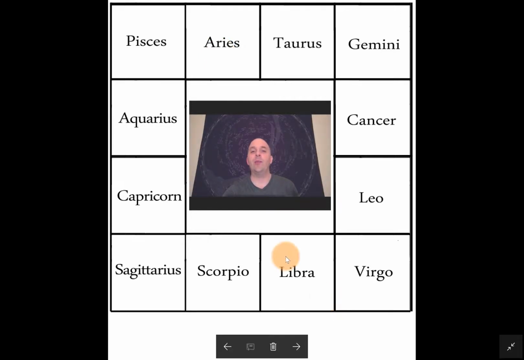Now, when we talk about Libra, Libra is the scales. It's always weighing one thing against another. Because it's ruled by Venus also, Libra represents other people. It represents relationships. It's about give and take. It's about always realizing that every action I take has an equal and opposite reaction.